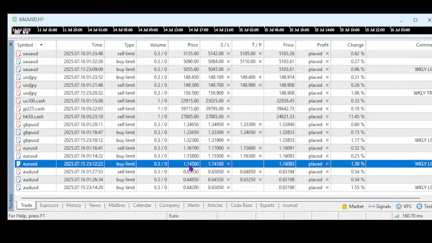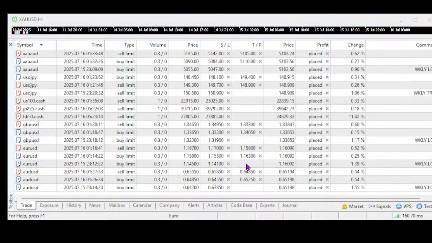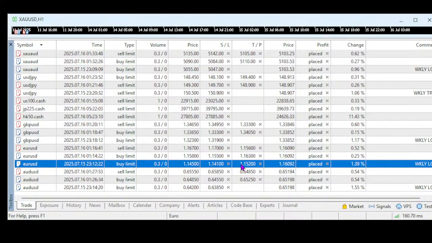The buying weekly low 11450, stop at 11410, and we will key in the target at 11520. So this is the weekly adjustment which we have done.